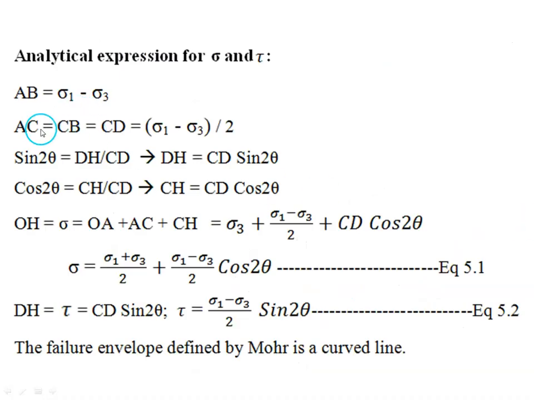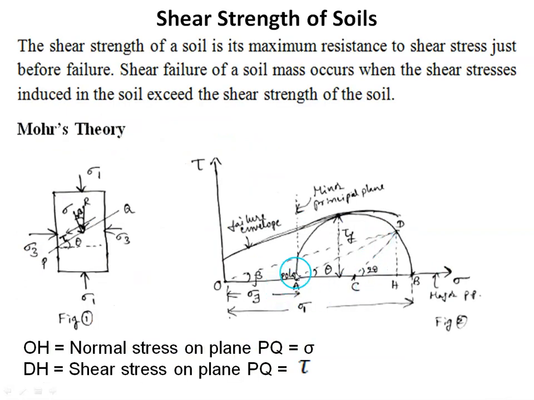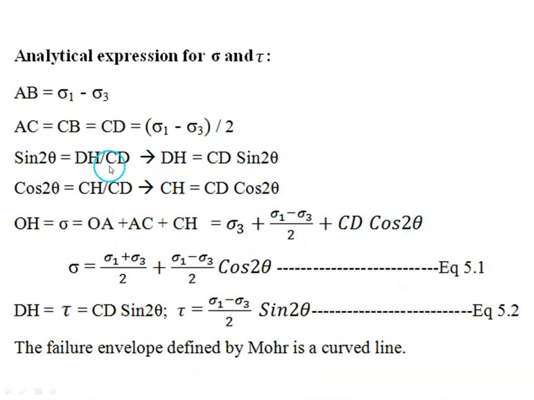And then the radius, that is AC, which is equal to CB, half of the diameter, is sigma 1 minus sigma 3 by 2. So now from triangle CDH, we can write sin 2 theta equal to DH by CD. So that we can write DH equal to CD sin 2 theta.